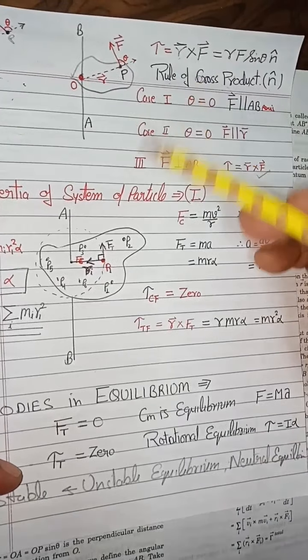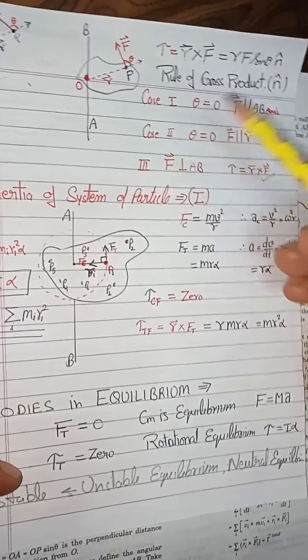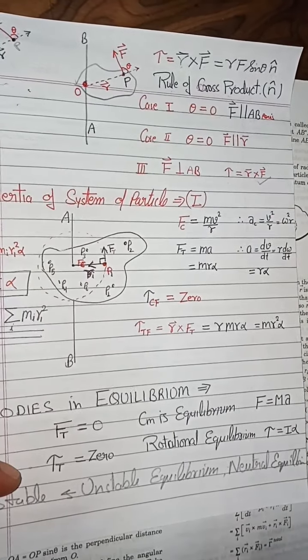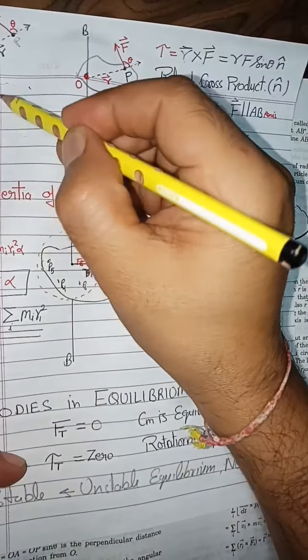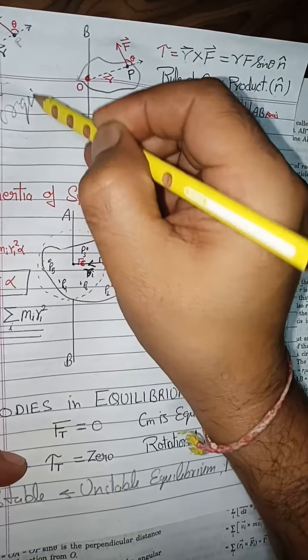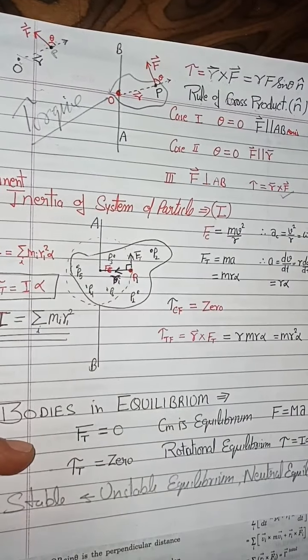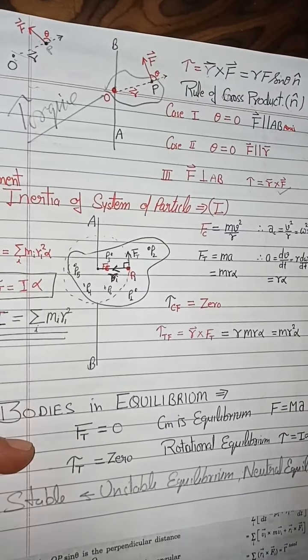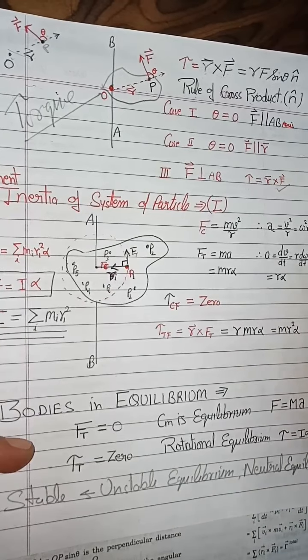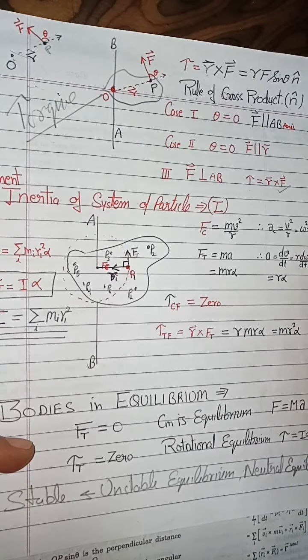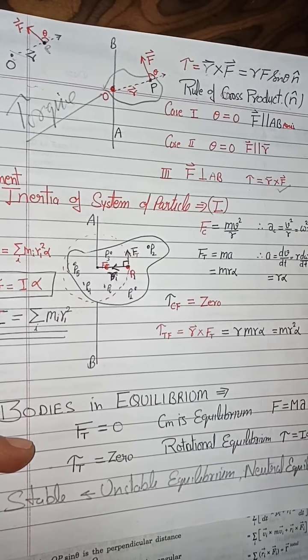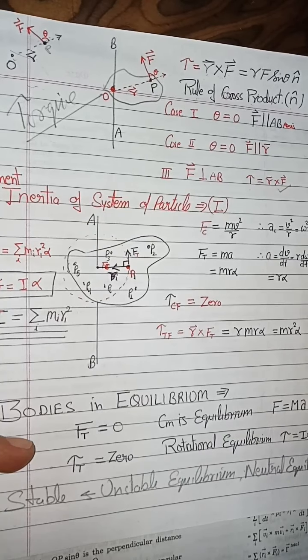So see, there are various examples of torque. Exactly, in rotational dynamics you are studying about torque. What are the examples of torque? You are familiar with the door which you open every day at your home. Doors are connected with a hinge, and they rotate around the hinge.